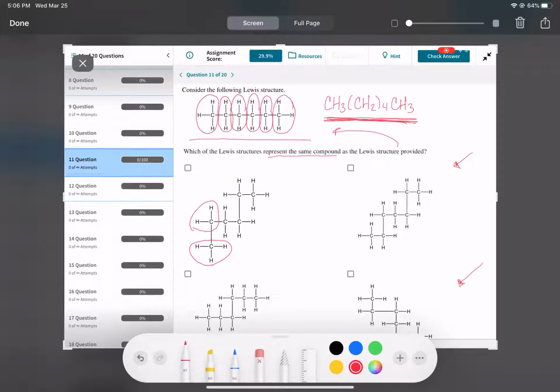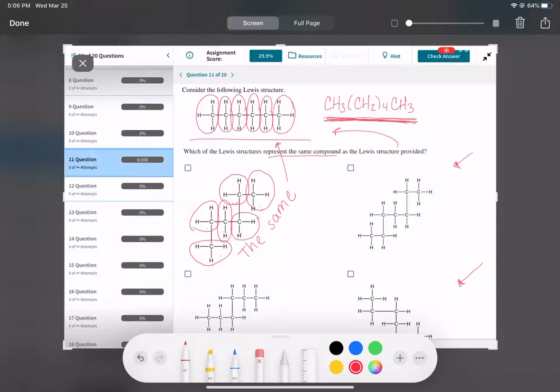And yeah, it's weird, but it is a CH2, followed by another CH2, followed by another CH2, followed by another, and then a CH3. A CH3 with 1, 2, 3, 4 CH2s and another CH3. These are the same. This molecule is the same as the one that we started with.